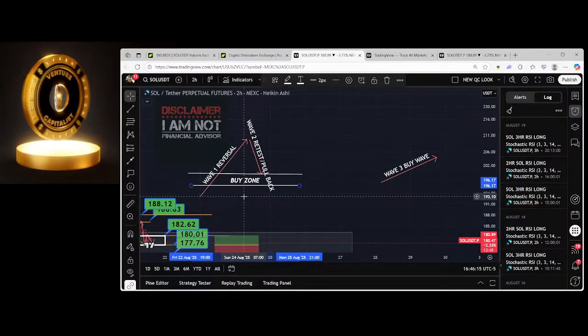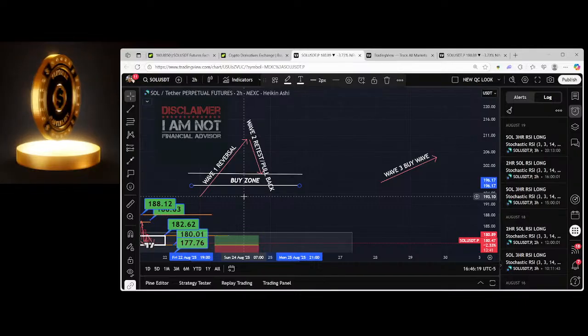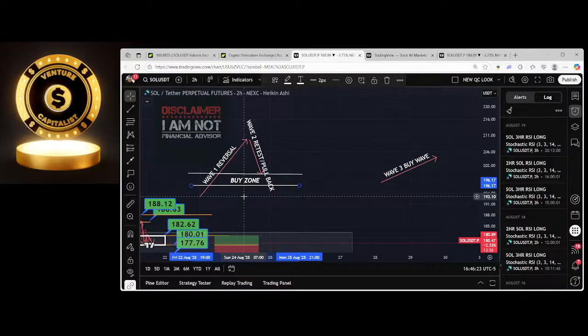Which is where you get in on a pullback, a retest, or some reason to get into the trade. Okay.